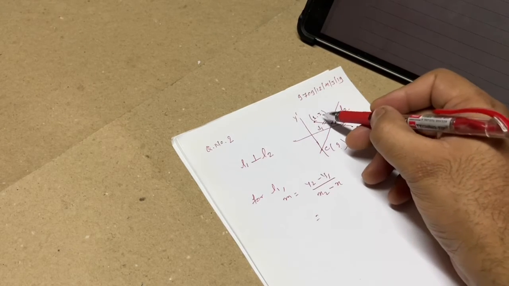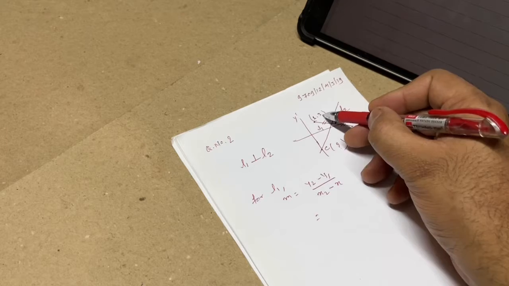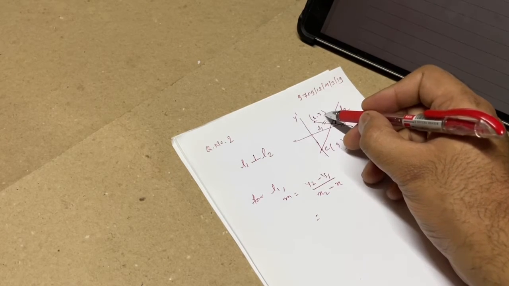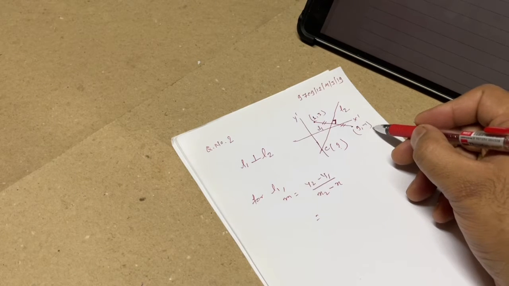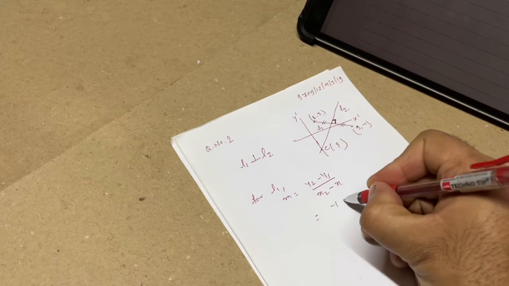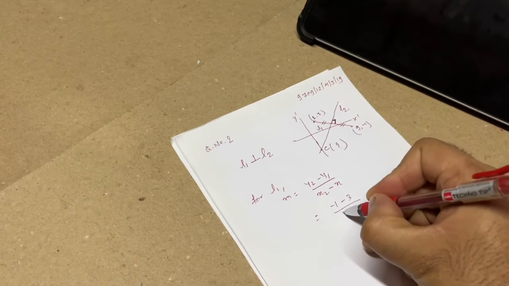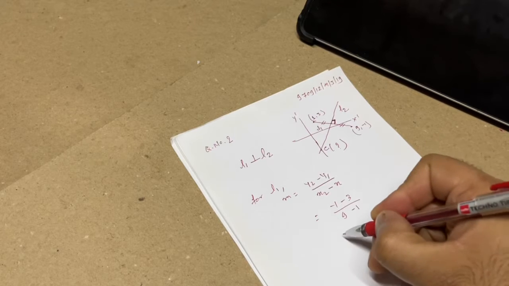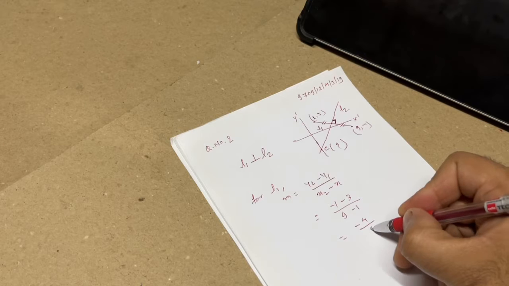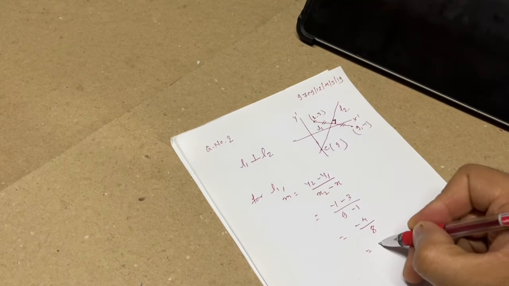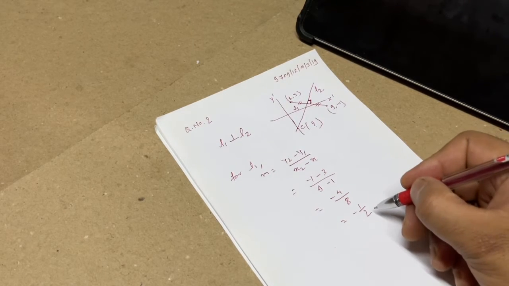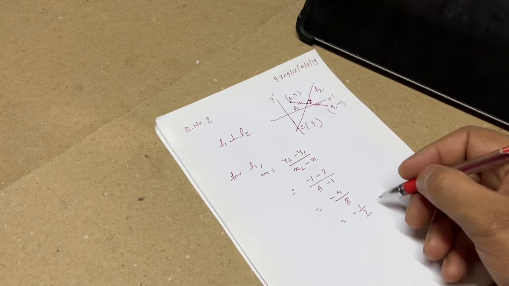Suppose this one is (x1, y1) and this is (x2, y2). So y2 minus y1 is -1 minus 3, over 9 minus 1. It gives you -4 over 8, which is simply -1 over 2. That's the slope of L1.